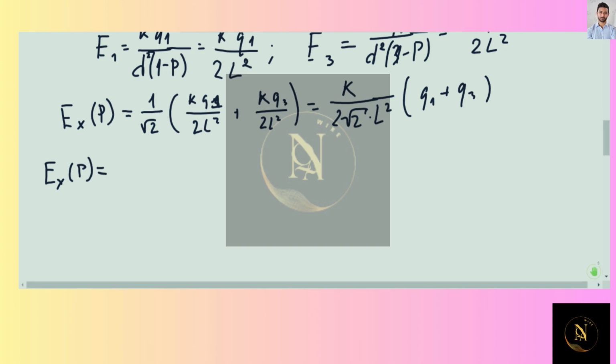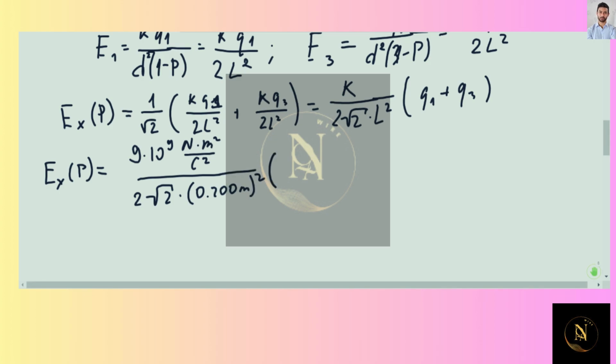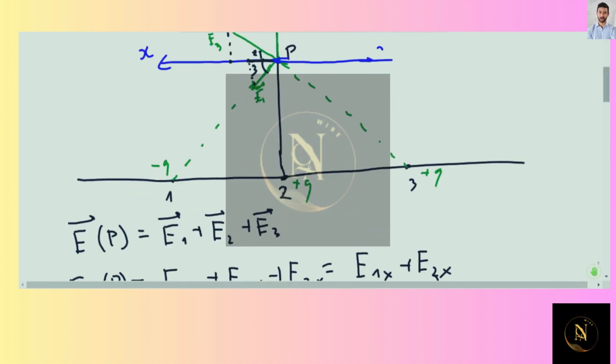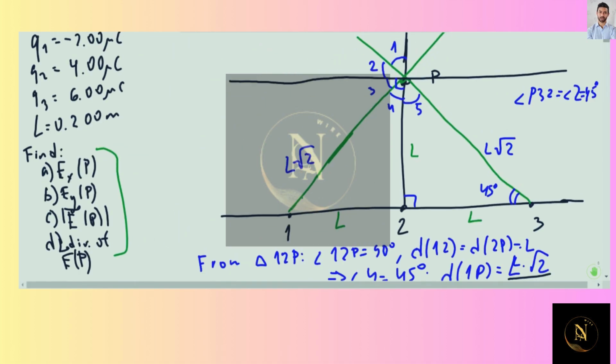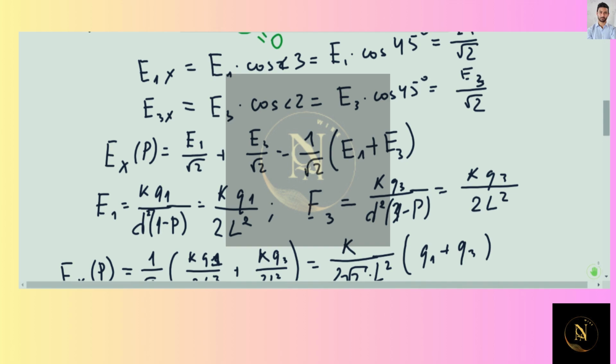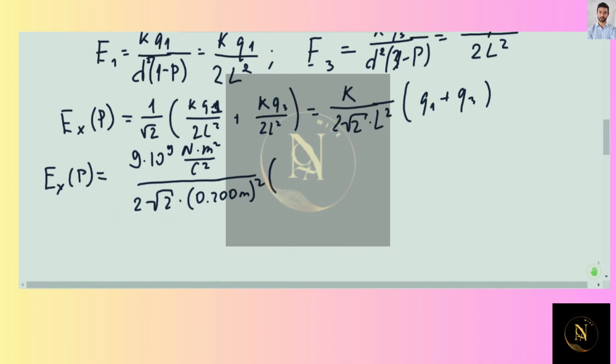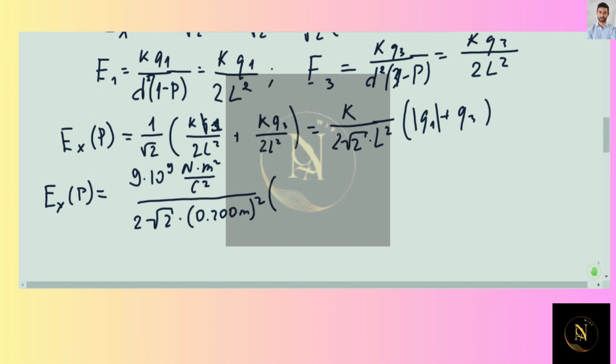K equals 9 multiplied by 10 to the power of 9 newton meters squared per coulomb squared, over 2 square roots of 2 multiplied by 0.200 meters squared, multiplied by the sum of the charges, which are 2 and 6. Here I have to state that we take an absolute value of Q1 because we've already taken into account the direction of the field.